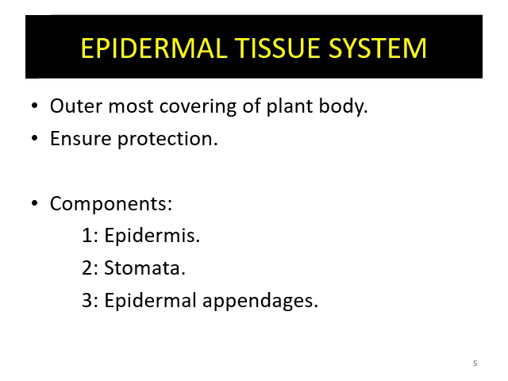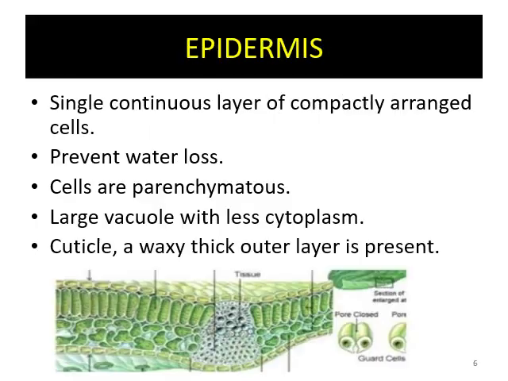The main components of the epidermal tissue are epidermis, stomata, and epidermal appendages, such as trichomes and hairs. Then we discuss the structure of epidermis.